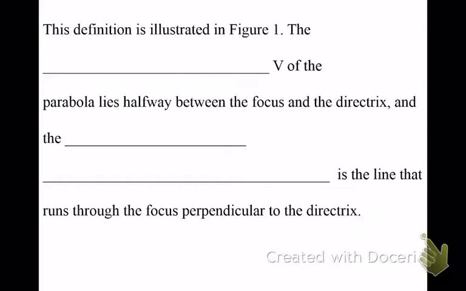This definition is illustrated by figure 1. You can see it on your notes on the first page. The vertex V of the parabola lies halfway between the focus and directrix.